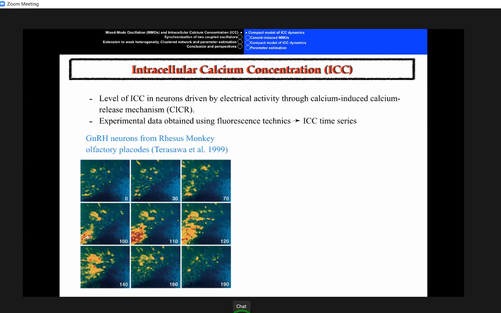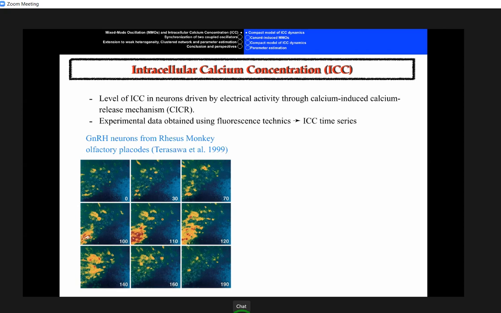And it's very difficult to obtain experimental data on GnRH neurons because of the situation of the hypothalamus. So people produce the following biological models from olfactory placodes taken from embryos of rhesus monkey.